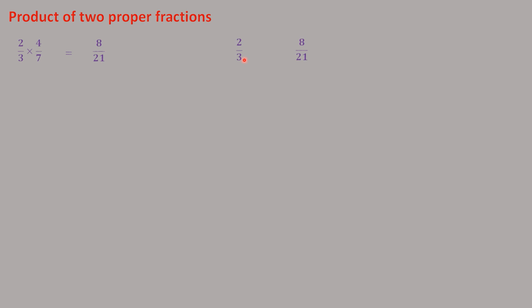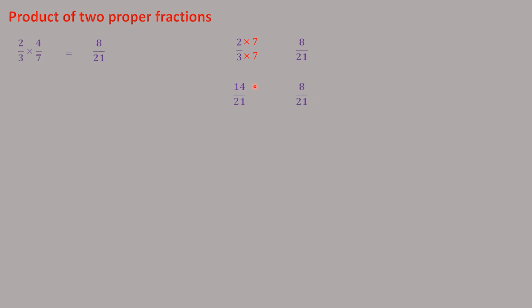To know that, we have to make the denominators equal. Here there is 21 in the denominator, so for this also you have to make 21 the denominator. For that you have to multiply by 7. What you multiply to the denominator, multiply to the numerator also. That becomes 14 by 21 and this becomes 8 by 21.